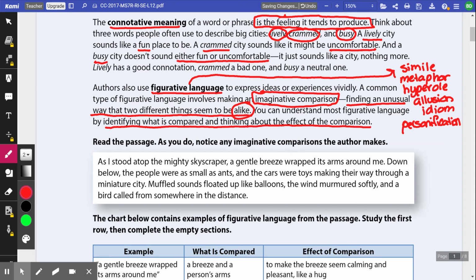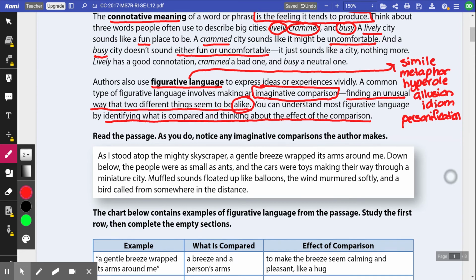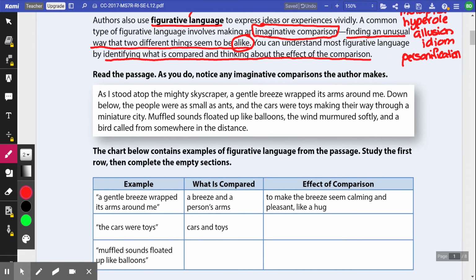So figurative language usually is going to show us how two things seem to be alike. In most figurative language, we can identify it by thinking about what's being compared, what's being contrasted, and the effect of the comparison of the two. Okay, so down below, we have a little passage and some directions to go along with it.